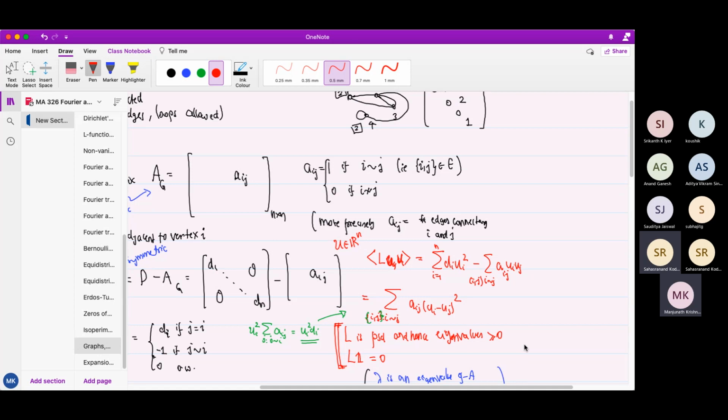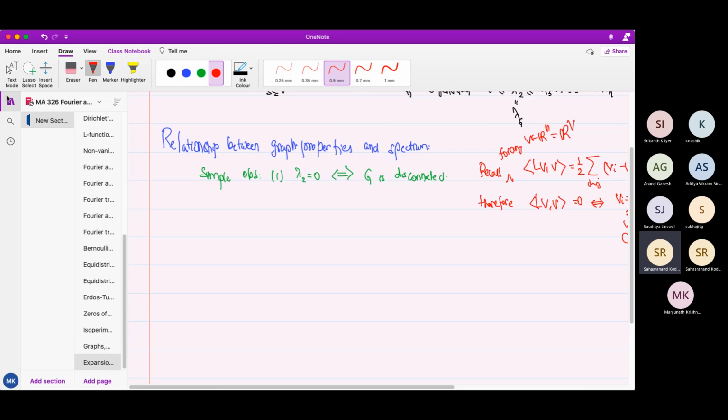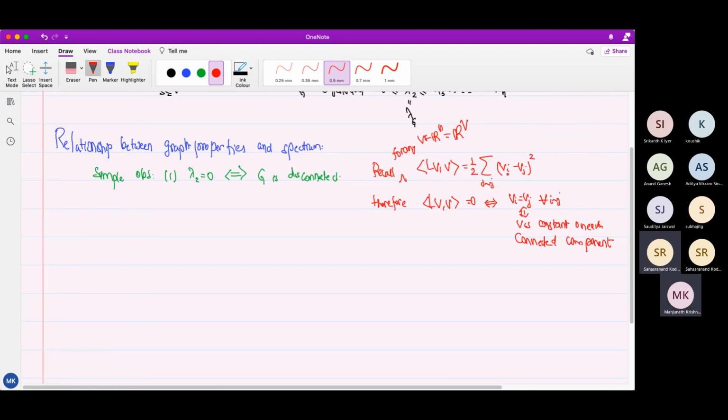I did not understand how you concluded that if Vi is Vj, then... No, this is a sum of squares, right? These are non-negative terms, so the only way the sum can be 0 is if each term is 0. Yeah, I know the last implication. Why is V constant? What is the connection between V and the connected components?